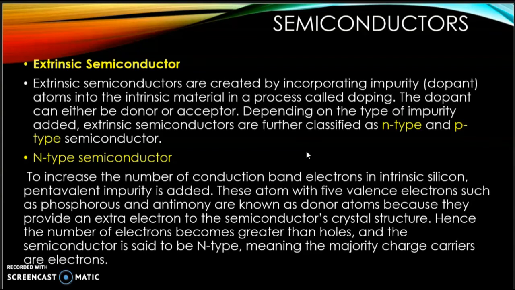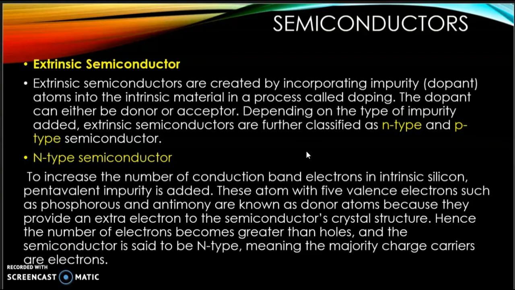So the number of electrons is equal to the number of holes in the intrinsic. But now we want these intrinsic semiconductors to conduct electricity. For this reason, we have to add some amount of impurity. What do I mean by adding an amount of impurity? We are adding an atom or an element to increase the number of electrons or to increase the number of holes in this intrinsic semiconductor.